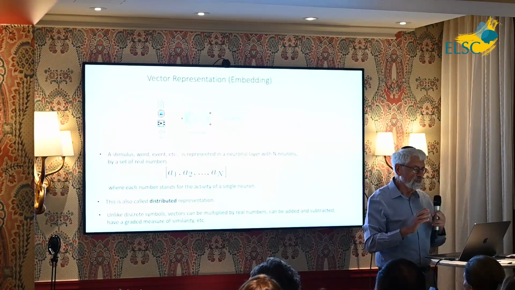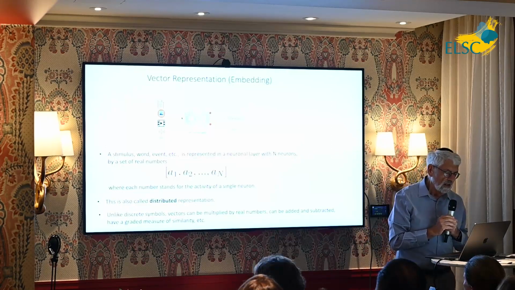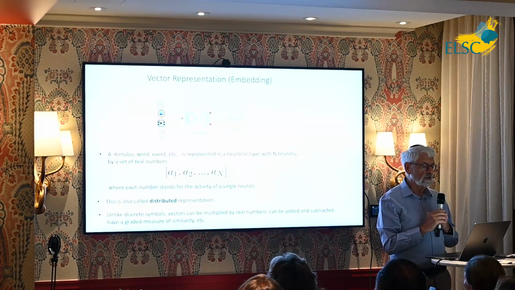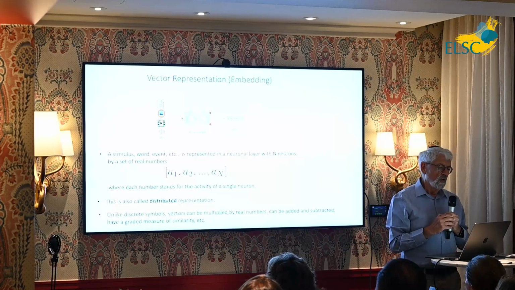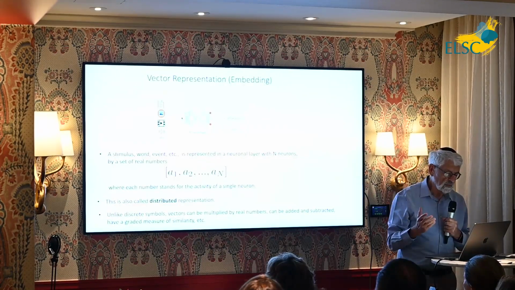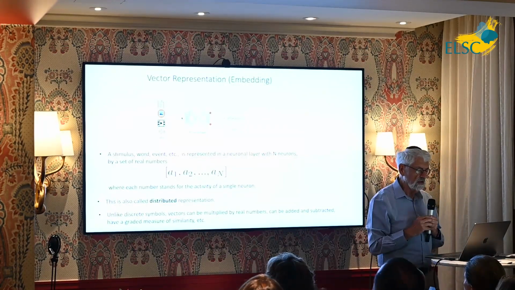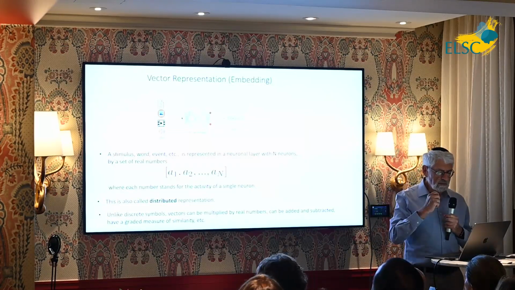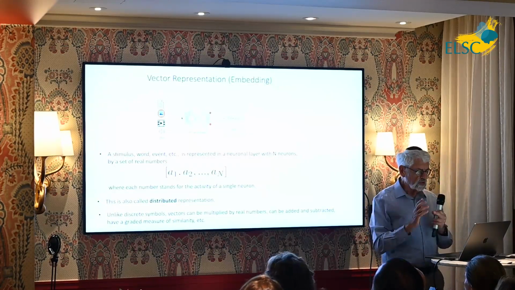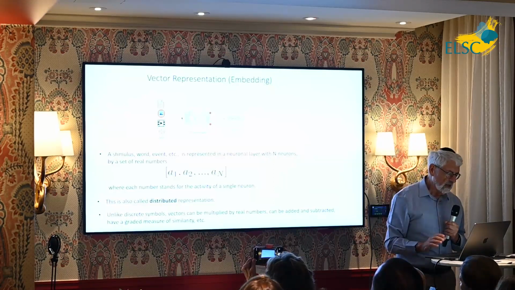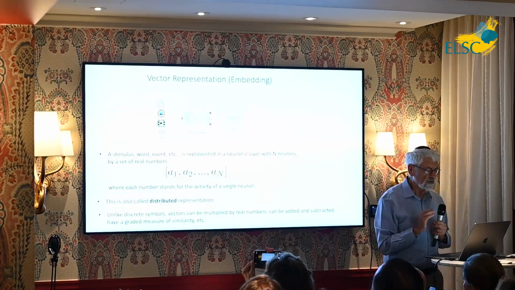But before that, I want to put things in context. And the context is what's known as embedding, or representation, or vector representation. I need to be a little bit technical, but it's very basic to all of machine learning, deep learning, AI, and so on. And this is the following thing.